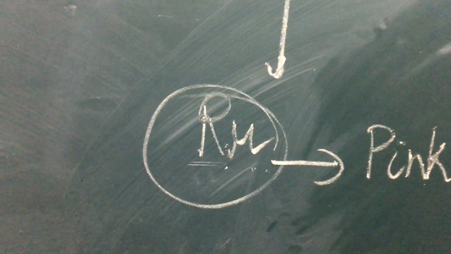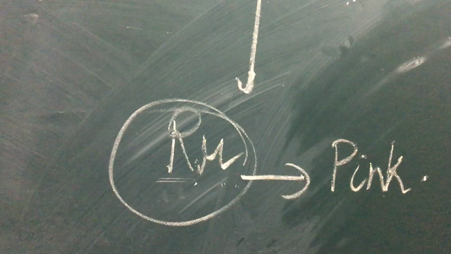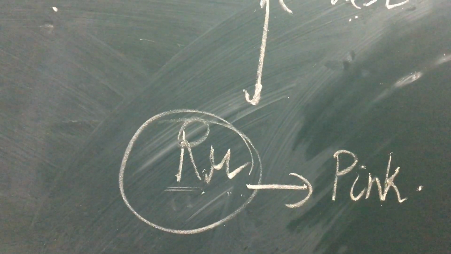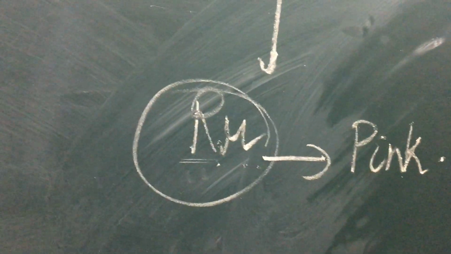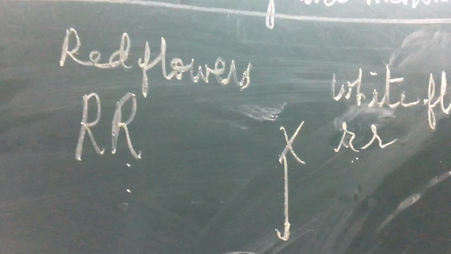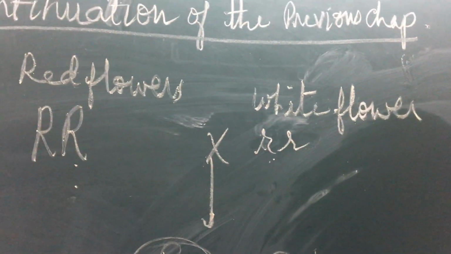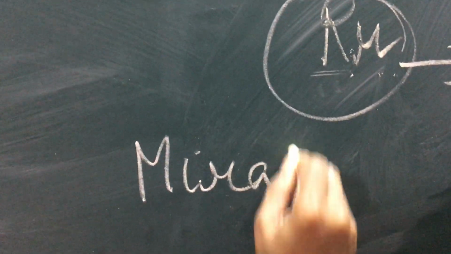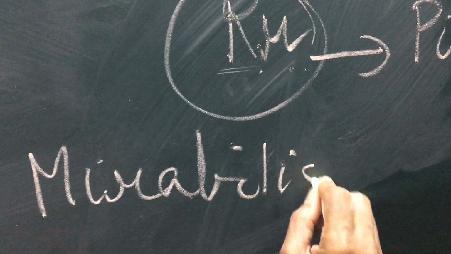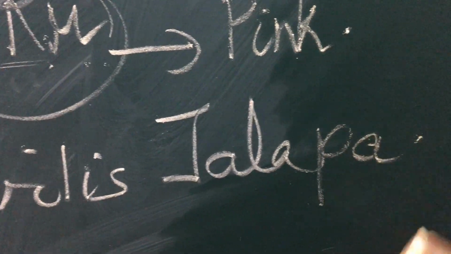The biologists, while performing the experiment, saw that in some plants, an intermediate phenomenon exists, and this is called incomplete dominance. And this is very well found in a plant, Mirabilis jalapa, and I'll show you this plant tomorrow.